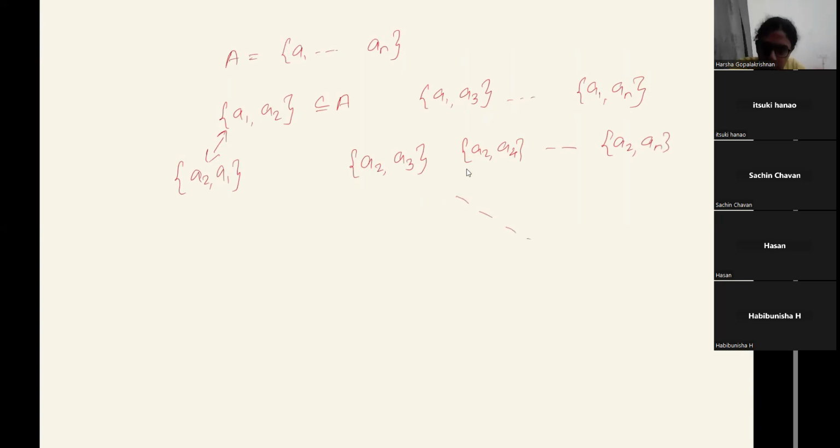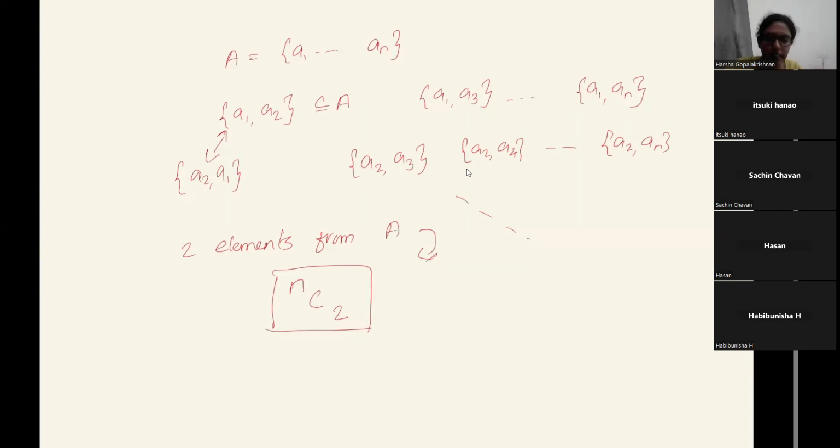Now, how are we actually taking it? We are taking two distinct elements from A. What is this actually? This is the combination. We are taking two elements from N elements. That is called NC2.